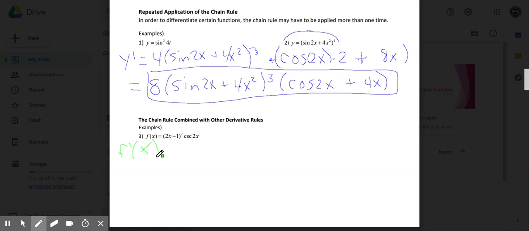So product rule, we do the derivative of the first. Now the first part is this 2x minus 1 squared, so that 2 in the exponent will come down in front, times 2x minus 1 to the first power times the derivative of the inside, which is 2. So all of this, that's a multiplication, not subtraction right there.